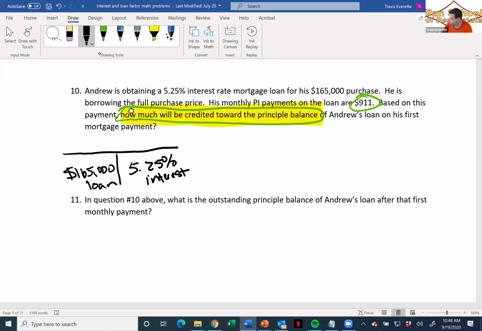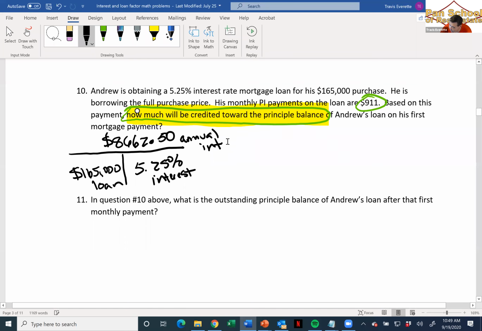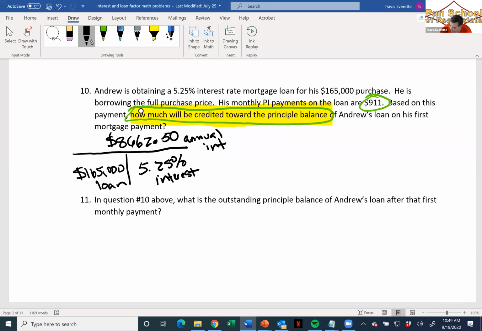Make sense for everybody so far? $165,000 times 5.25% is $8,662.50 in annual interest. And I do think it helps if you write things down, like, oh, that's annual interest.